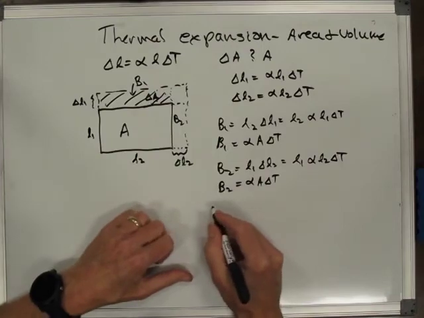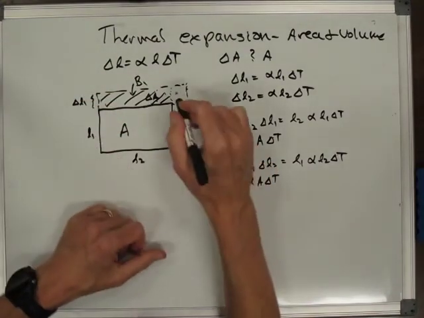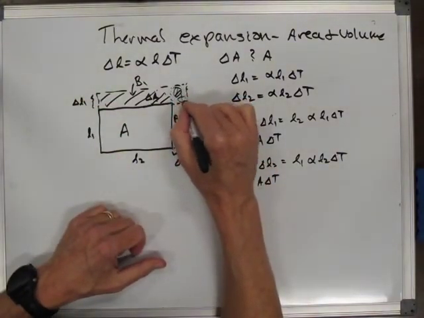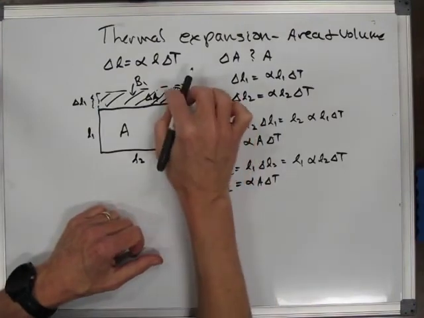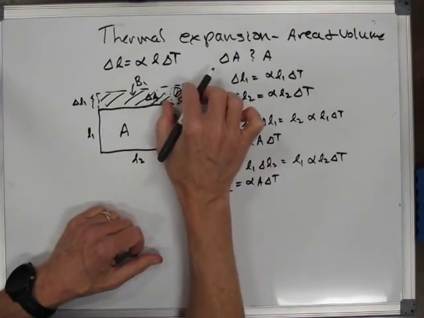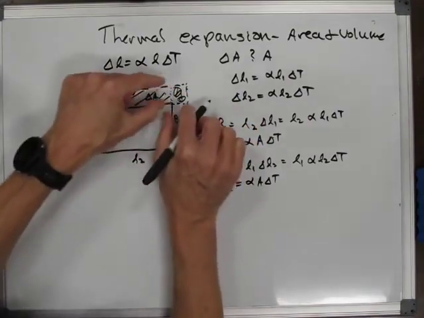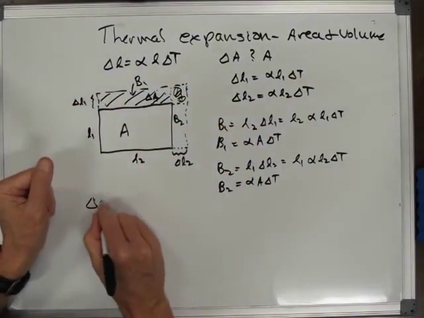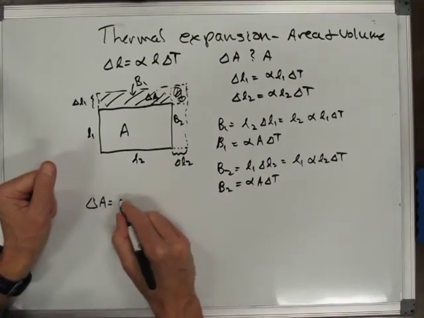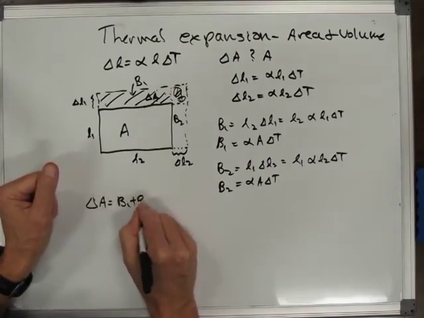And so the total change in area, if I neglect this corner piece, which is just a tiny expansion this way multiplied by a tiny expansion this way, and assume that's small relative to the two strips, I can say delta A is equal to B1 plus B2.